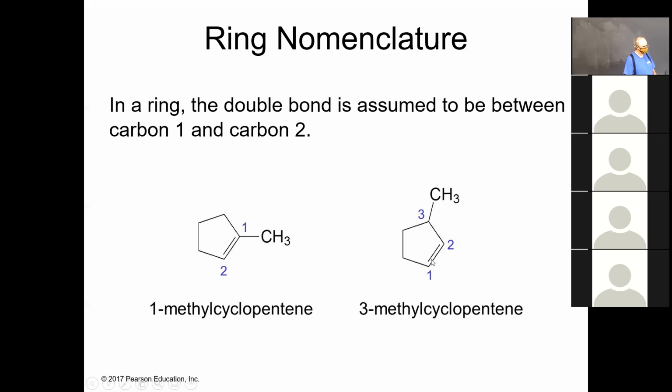For this one, we can't change direction. So if we call this 1, this has to be 2. But to call this 5-methylcyclopentene would not give it the lowest number. So we go this way, and so it's 3-methylcyclopentene.